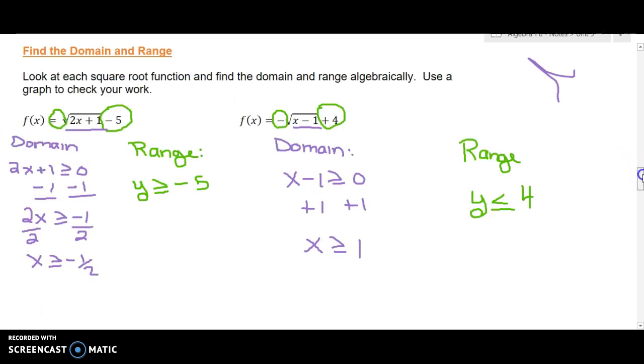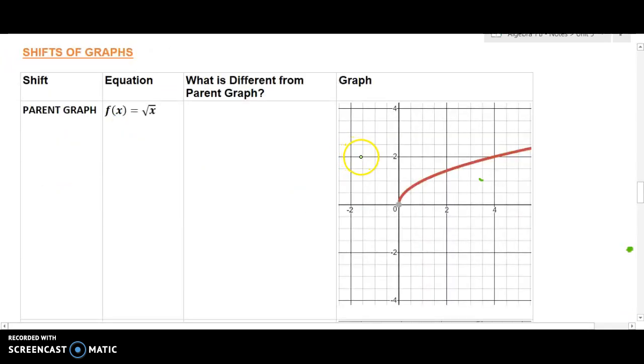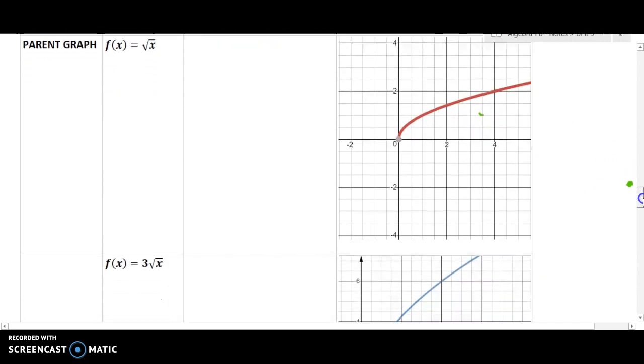So once we know how to find the domain and the range, we need to look at how a graph moves on the coordinate plane. And we call this the shifts of the graph. How does the graph shift from the parent graph to its new location? So if we're looking here, we see the parent graph. And in our examples, the parent graph is always going to be the red graph. So let's take a look.